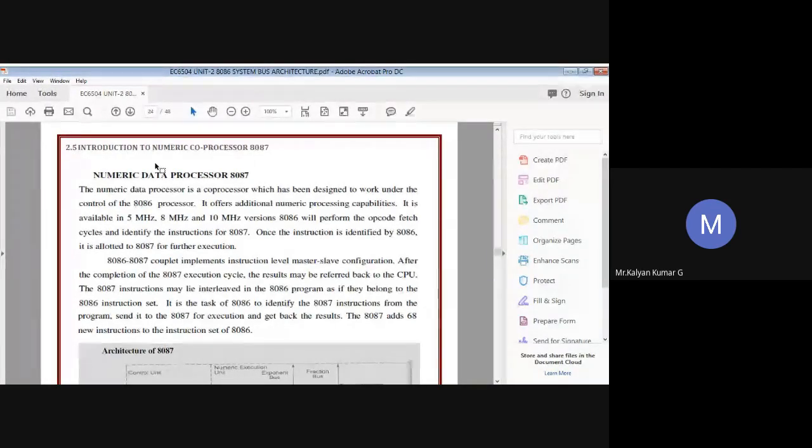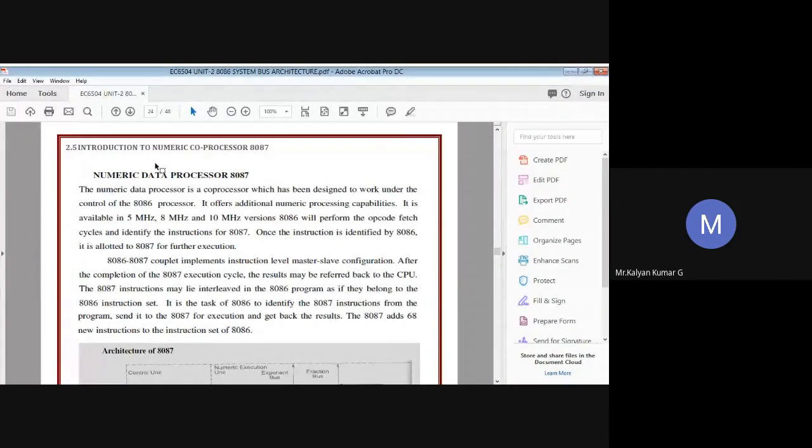This coprocessor is specifically designed to work in parallel with your 8086 processor and to take care of all the mathematical calculations, like integer and floating point, those complex calculations. It is used in combination with the 8086 in maximum mode.